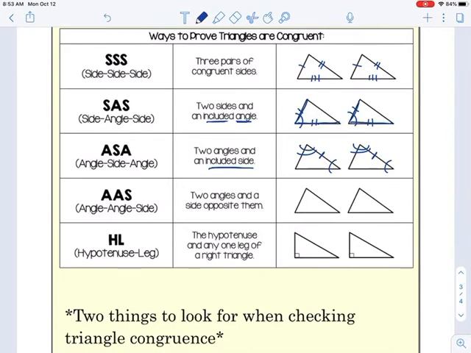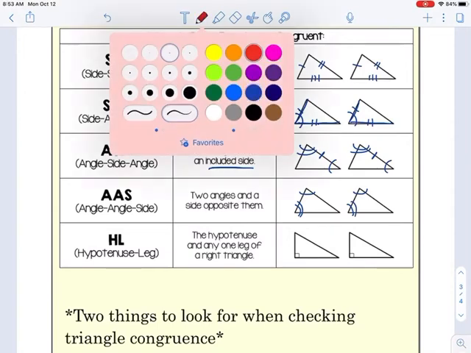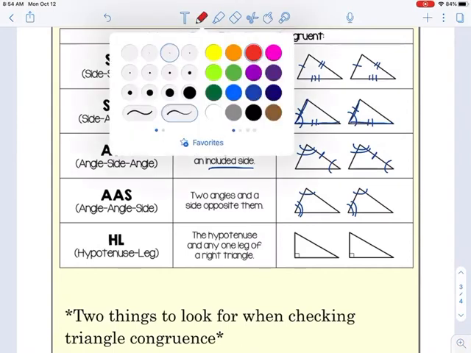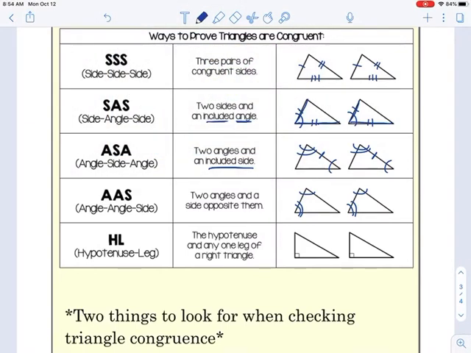For angle, angle, side, you have to have two angles and a side opposite them. Again, if I choose any two angles, I can't do the included side now. So I can't do this side, can't do that side. That's the included side. Get rid of that and get rid of that. So I need to do a side that's opposite one of the angles.